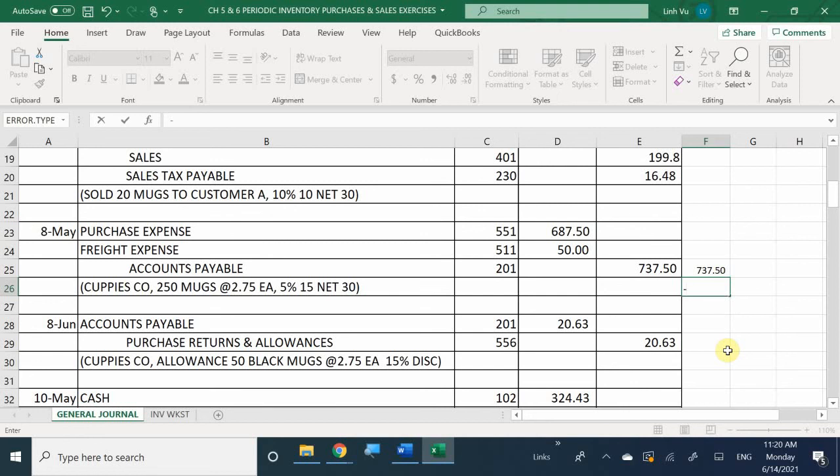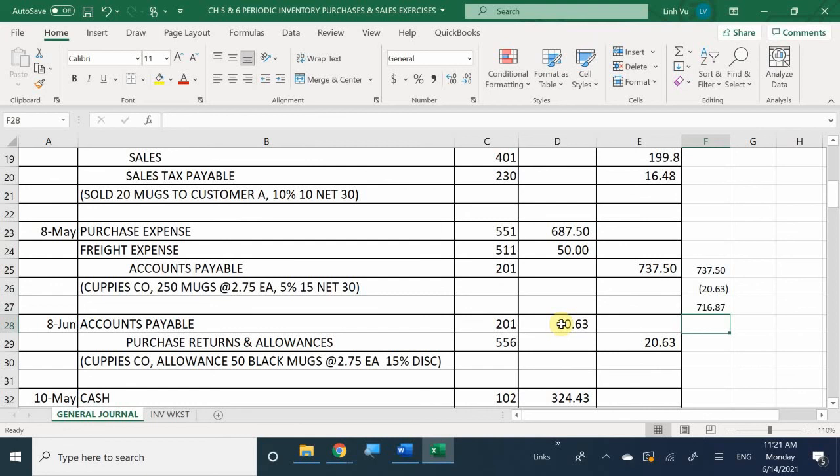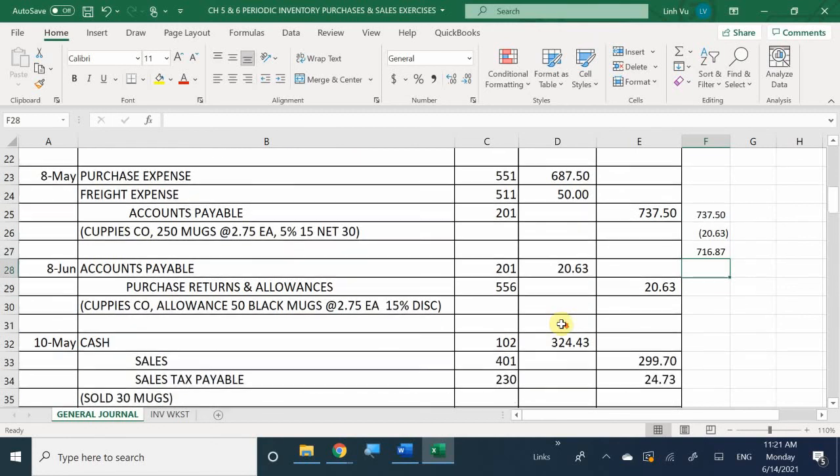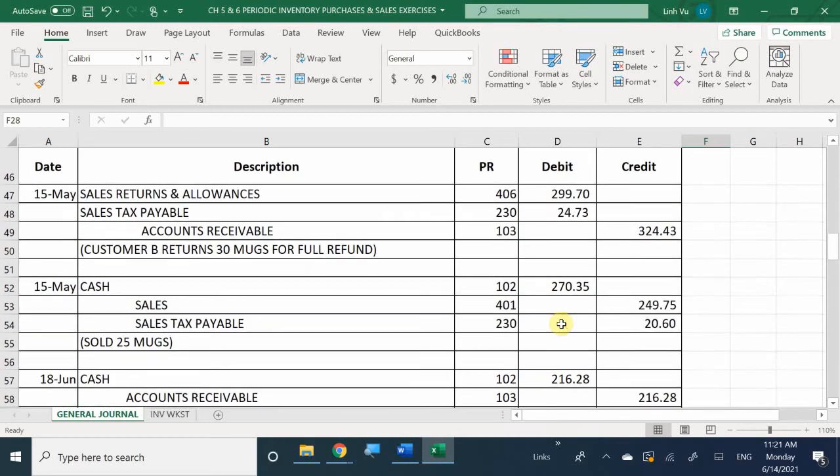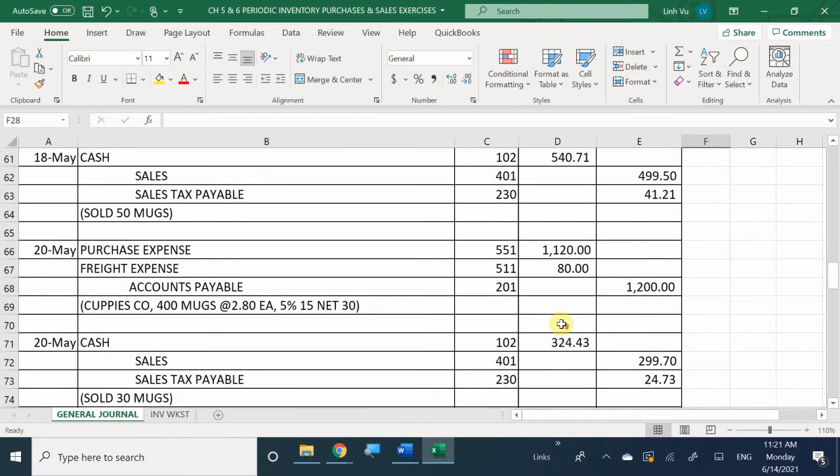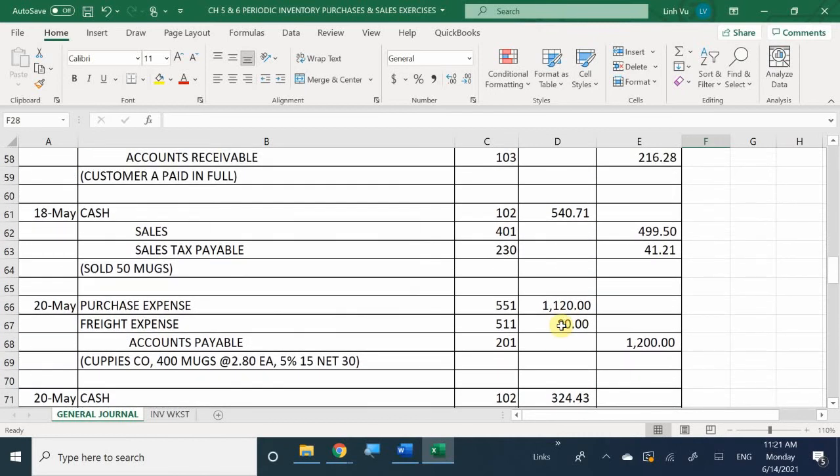So in this case, we got $20.63 off of this bill right here. So therefore, what I owe for bill number 2 is going to be a total of $716.87.